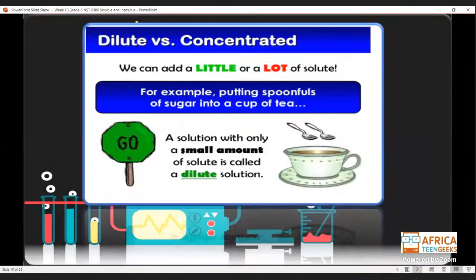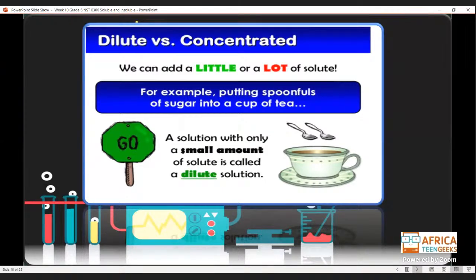Right. Dilute versus concentrate. All right. Now, dilute is, for example, you can add a little bit or a lot to a solute. For example, you can put spoonfuls in a cup of tea. You can put a small amount. You could put a large amount. Okay.